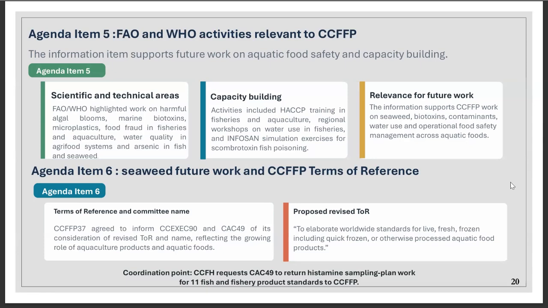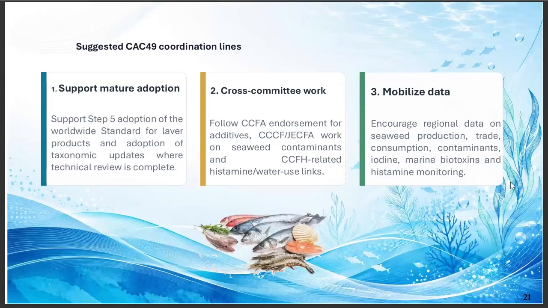Finally, the CCFH requested from the Codex CAC 49 to put an action plan for sampling for 11 standards of food and food products for fish and fish products to continue working on them.